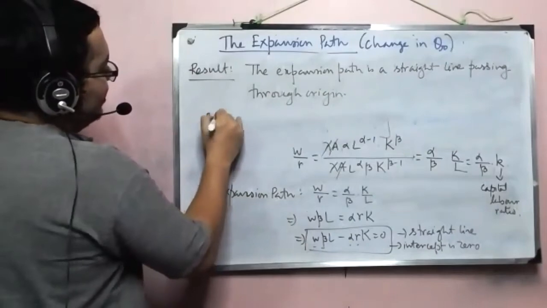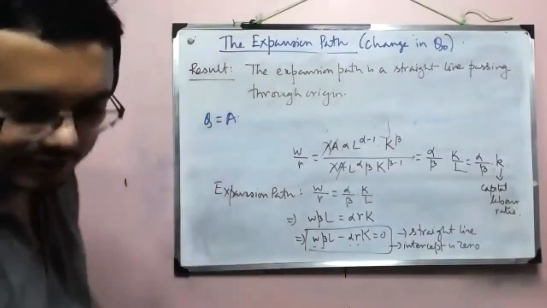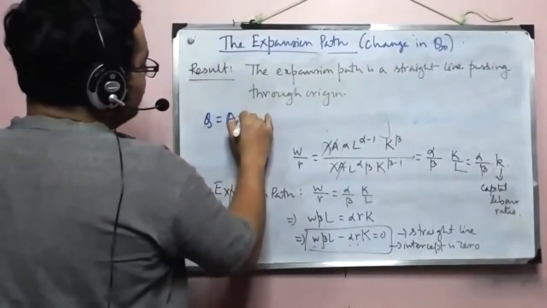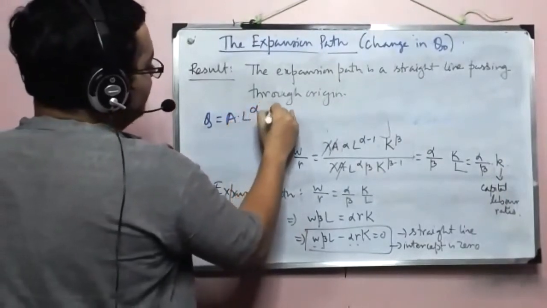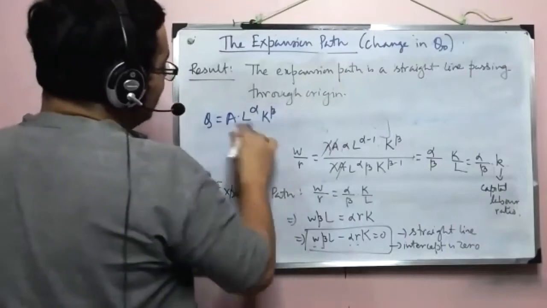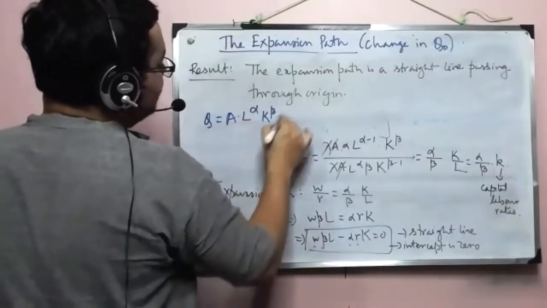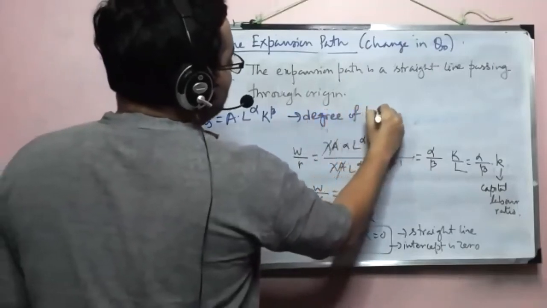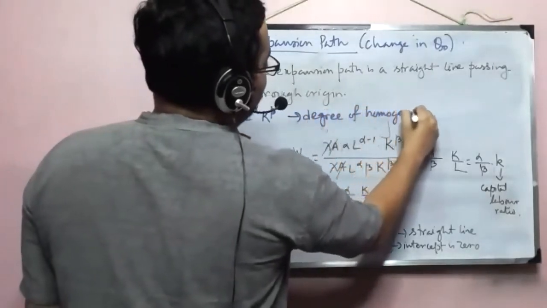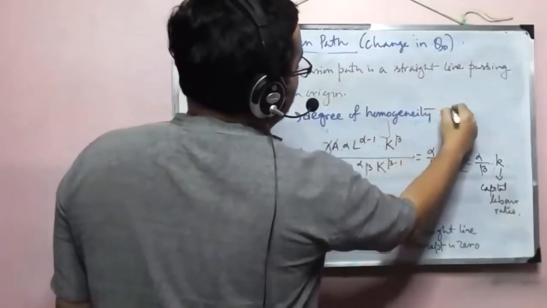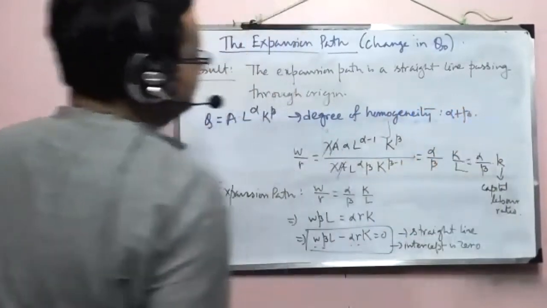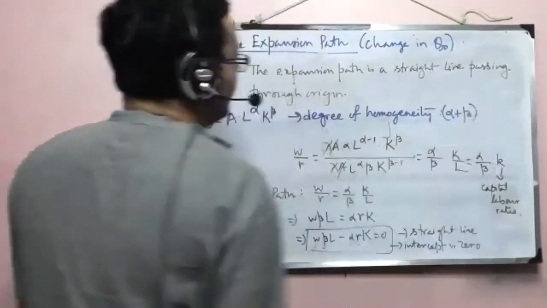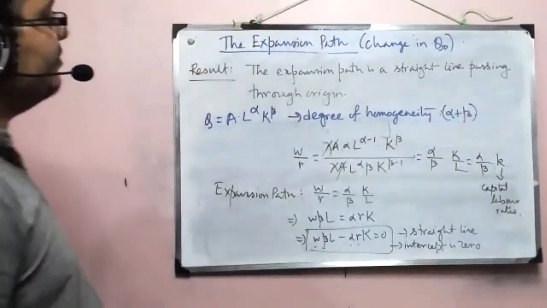The production function that we have taken is A into L to the power alpha K to the power beta. If I want to find the degree of homogeneity, it will be alpha plus beta.